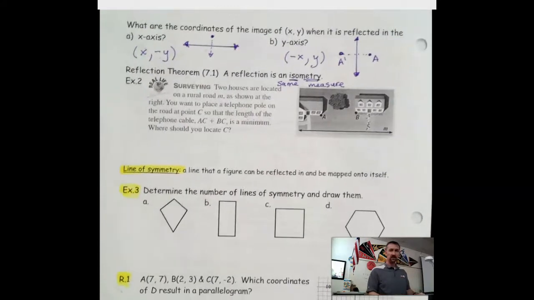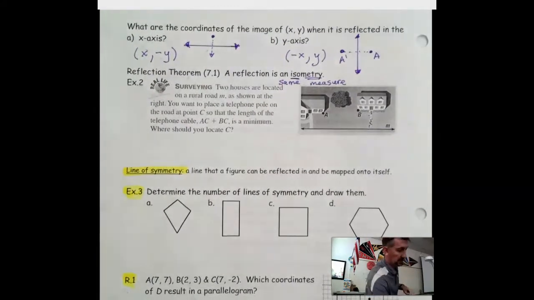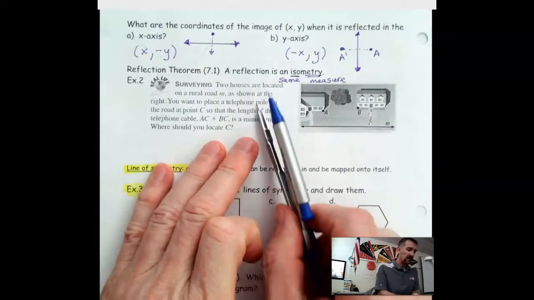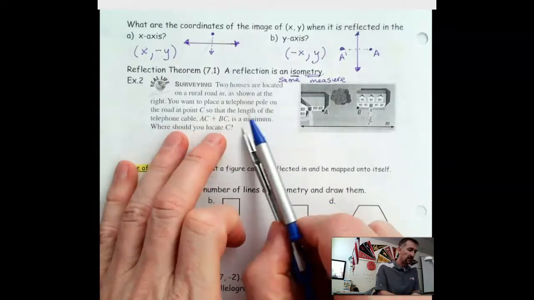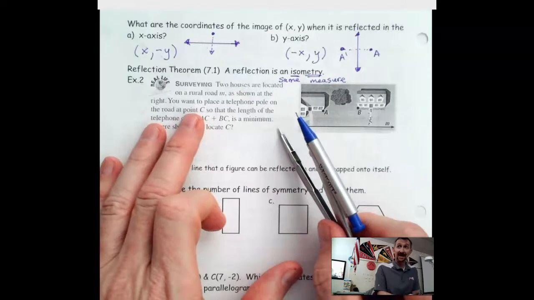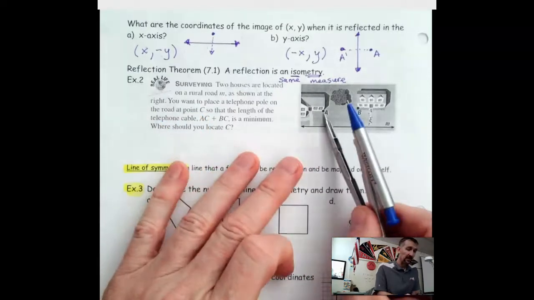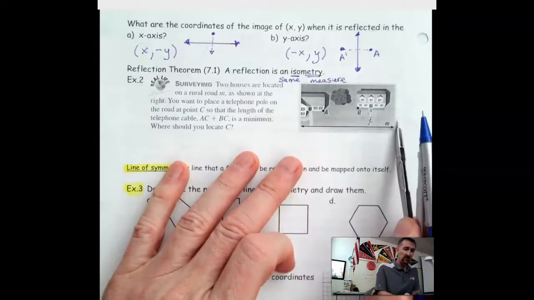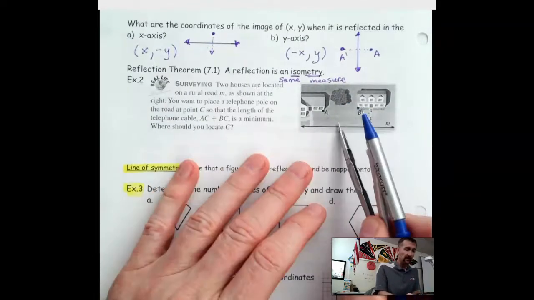Now, I think you have a question like this on your assignment, the book. What we want to do here is, if we're going to put a cable, now this would be for a landline. Most probably don't have landlines much anymore, but if you're running a cable along there, or a fiber optic cable for the internet or something like that, you want to use as little cable as possible.